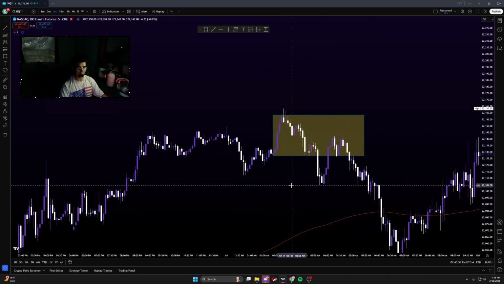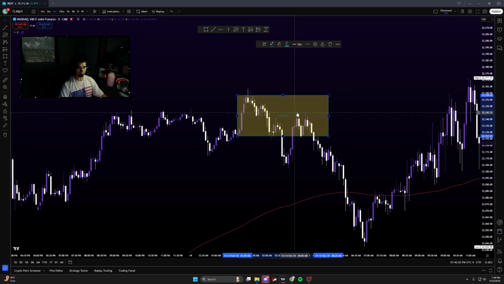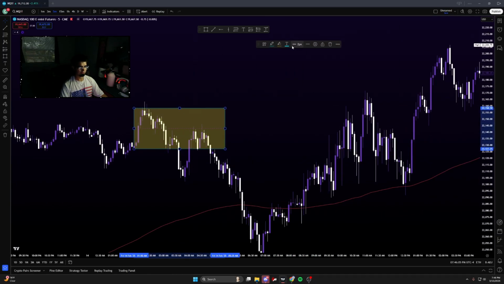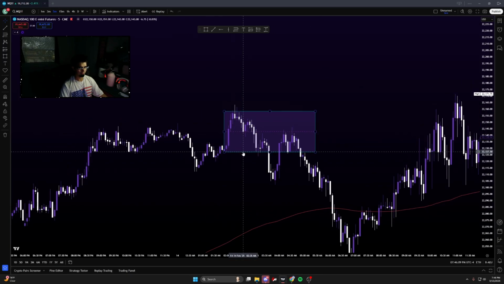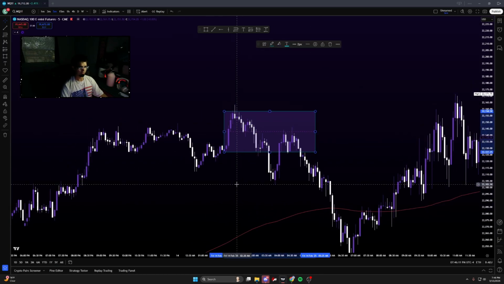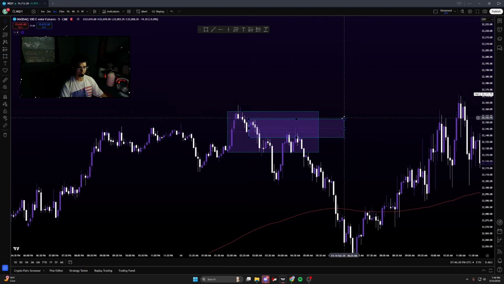Price respects it, and we then make lower lows after it refills the imbalance of orders. This would be purple because it's a bearish order block, but I'm just trying to show you what an order block is really. And even then, right here within this order block, we have another one that's formed between these two candles.